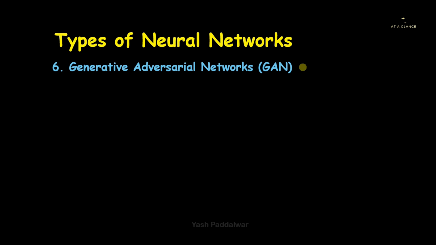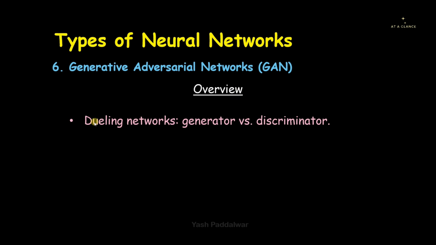The entire world is enjoying the beautiful application of this type of neural network. So let's have an overview of GAN. Basically, GAN has dueling networks. First is the generator and second is the discriminator.